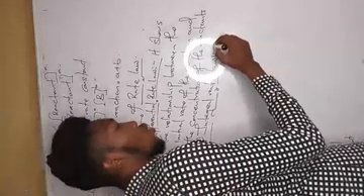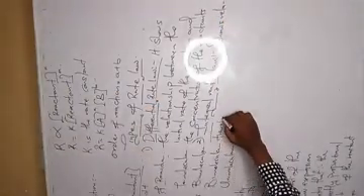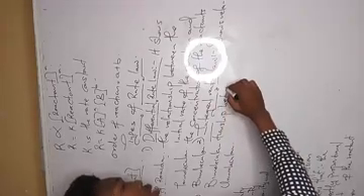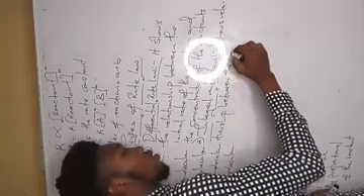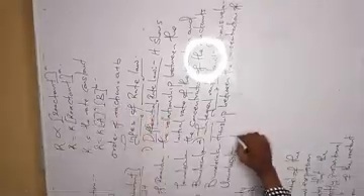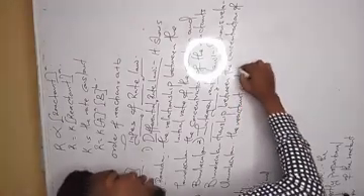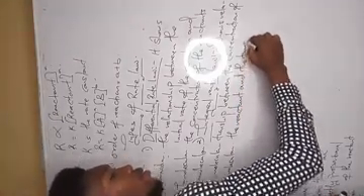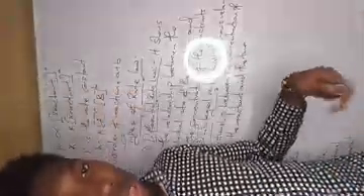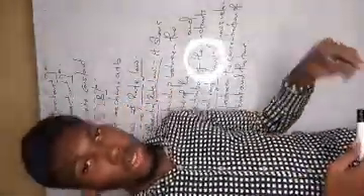So integral rate law shows the relationship between the concentration of the reactant and the time. Both of them are very important. As you can see, one will be helping us to know how the concentration is changing with time. The second one is helping us to know how the rate is changing with concentration.